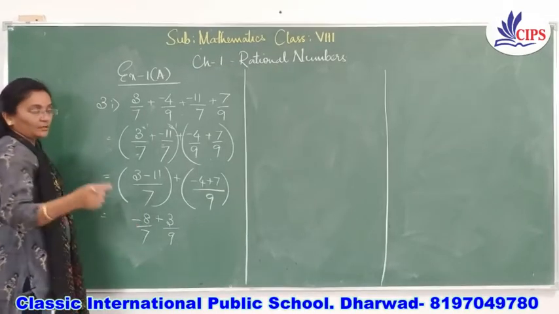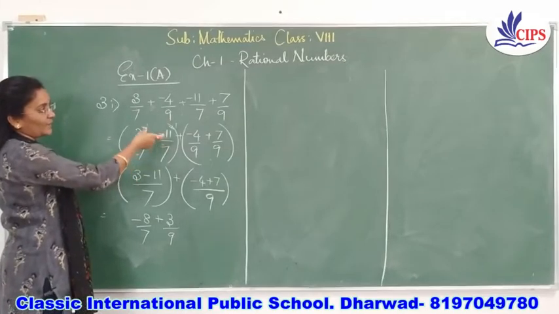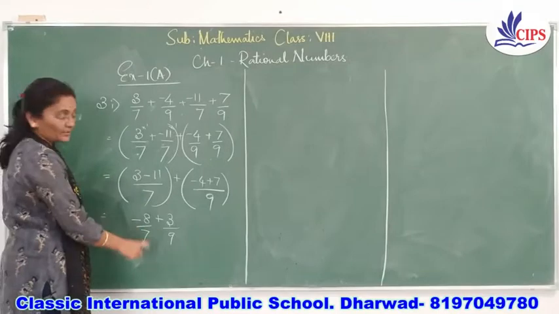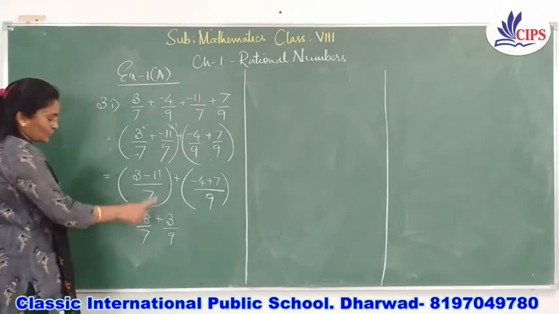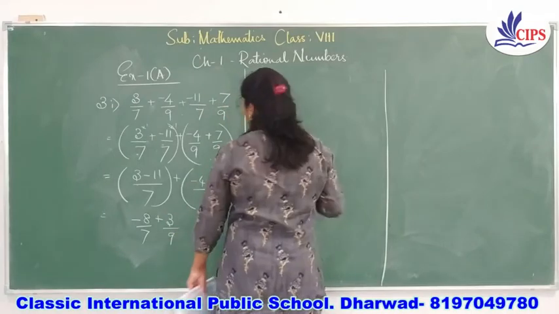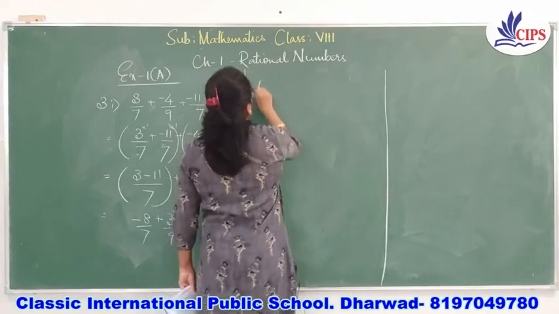Now we have got 2 numbers. First we had 4 numbers. We have simplified it, like we have combined the like terms. We have solved them and brought it down to 2 numbers. Now we'll solve these both. As these denominators are different, that is 7 and 9, we'll find the LCM of 7 and 9.